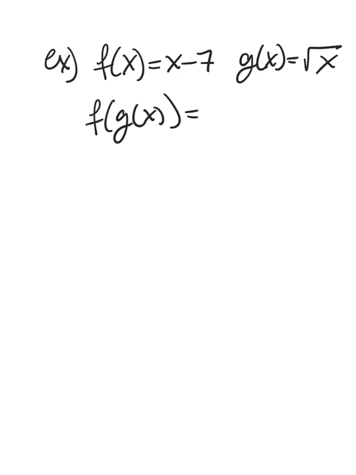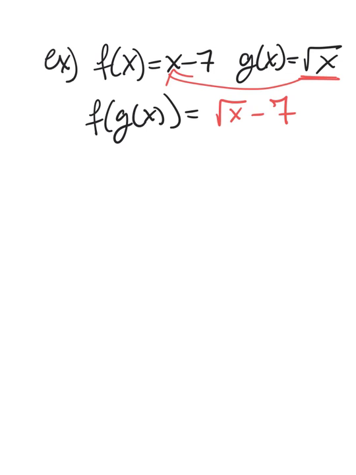That means I'm taking this and putting it into that x. Got it? So it just becomes the square root of x minus 7. Ta-da. See, not too bad.